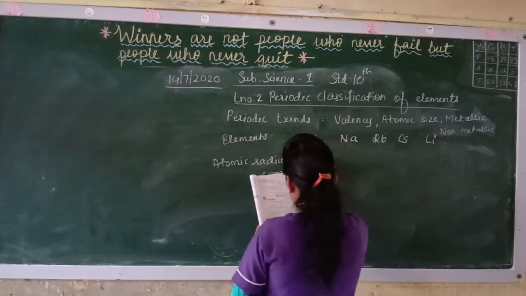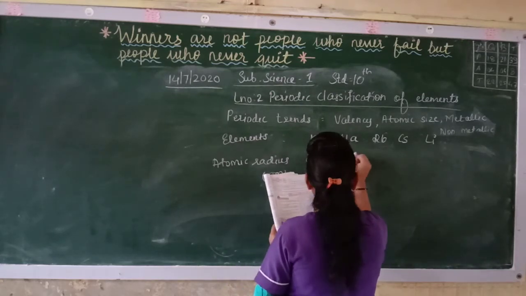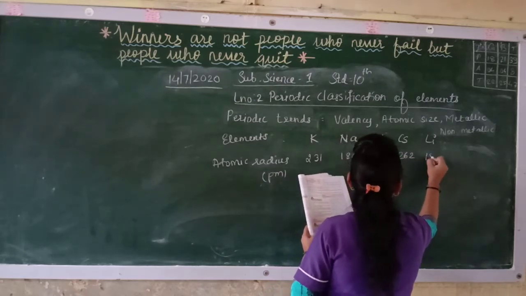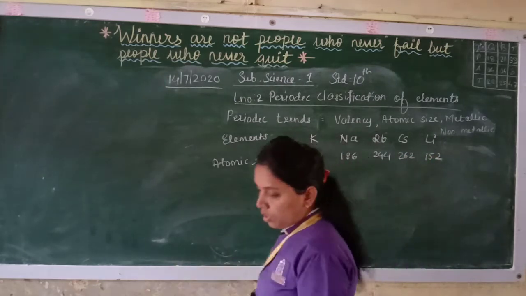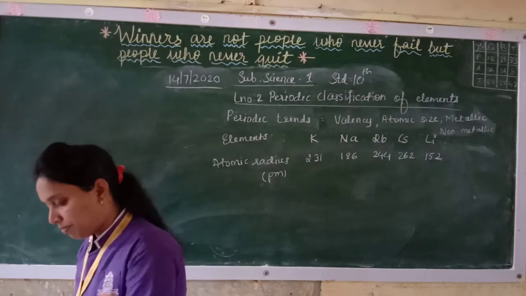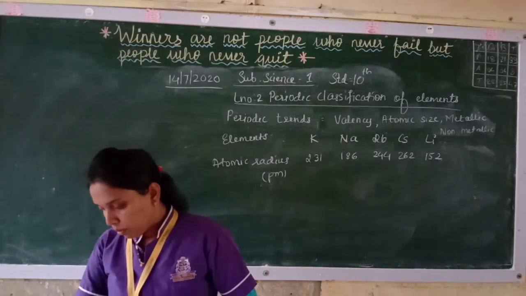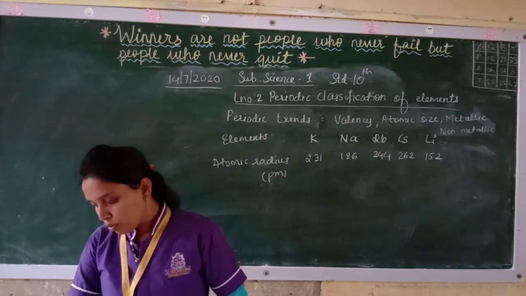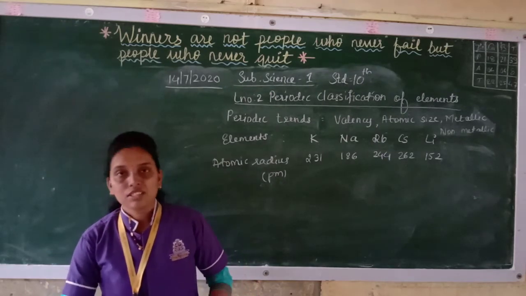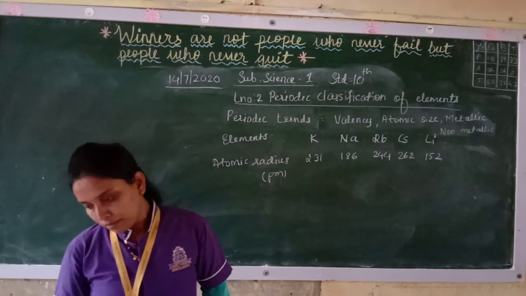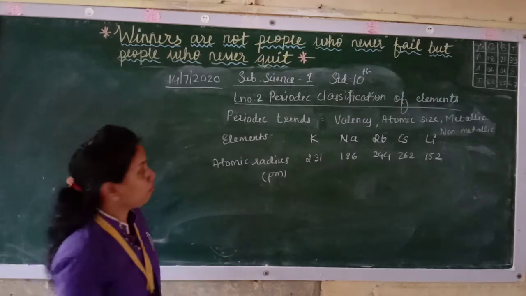Potassium is 231, sodium 186, rubidium 244, cesium 262 and lithium 152. Now if you see over here, by referring to the modern periodic table, find out the groups to which the above elements belong. See, sodium, potassium, it is referring to the first group only. So it belongs to group 1.